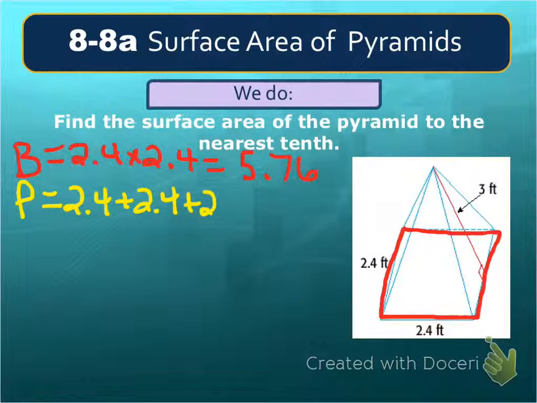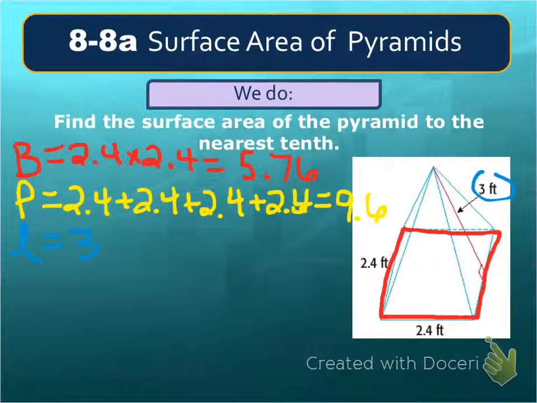So you got 2.4 plus 2.4 plus 2.4 plus 2.4, which is going to give me a perimeter of 9.6. And the final piece of information I need here is my slant height, which is actually given to me. It says right here, this slant height is 3 feet.